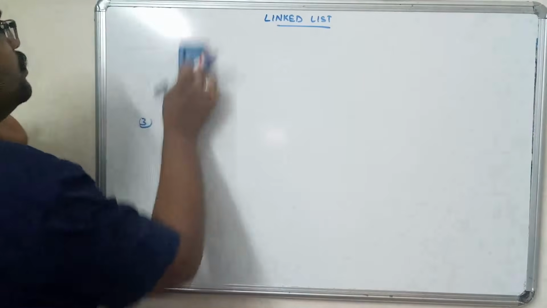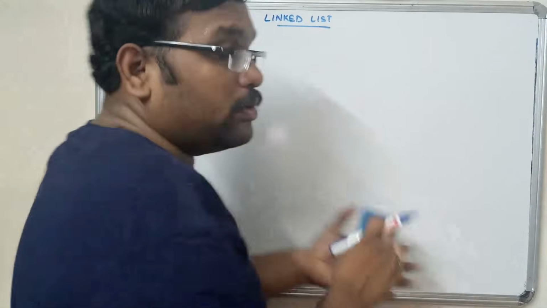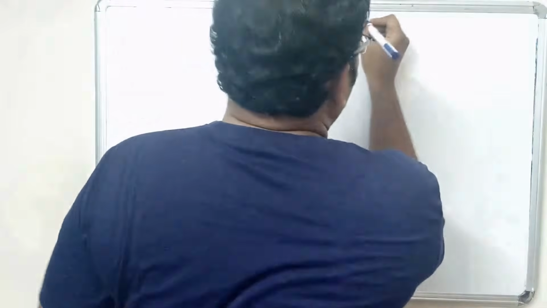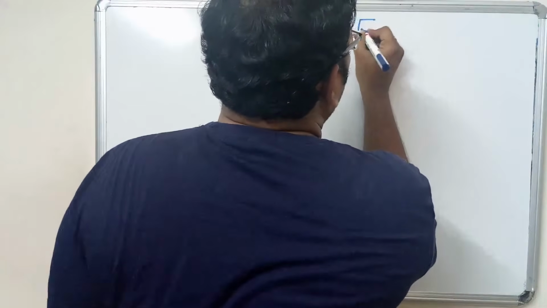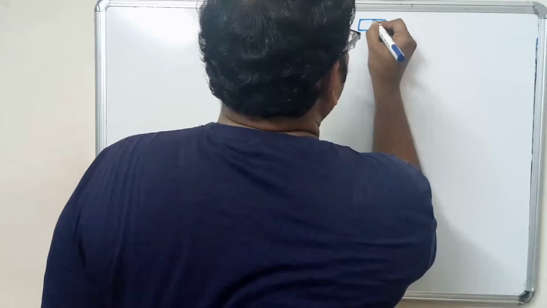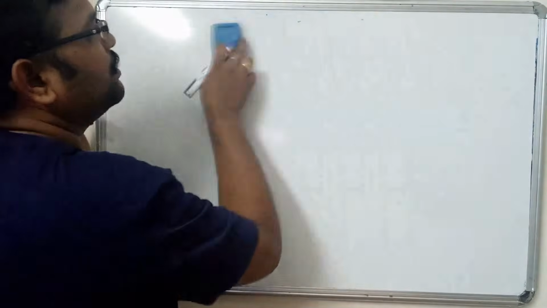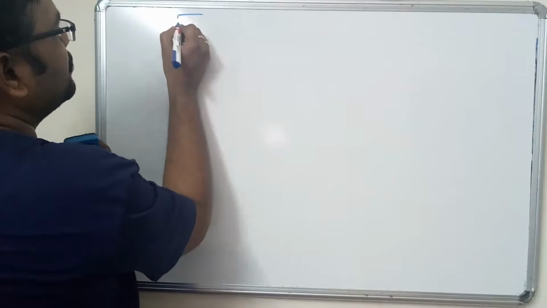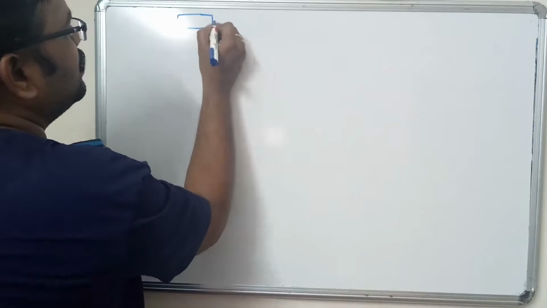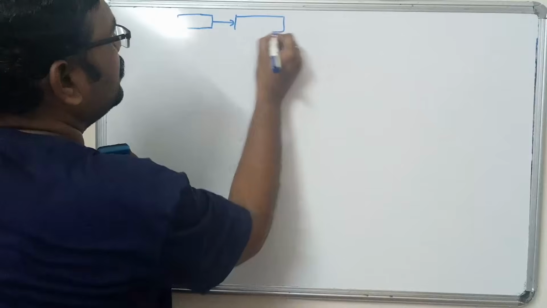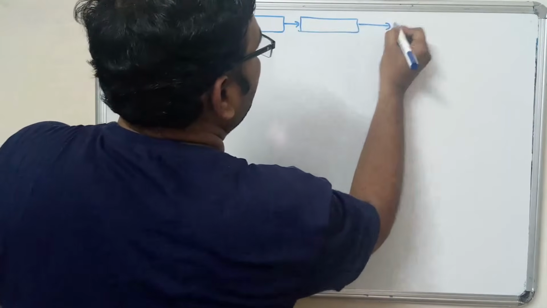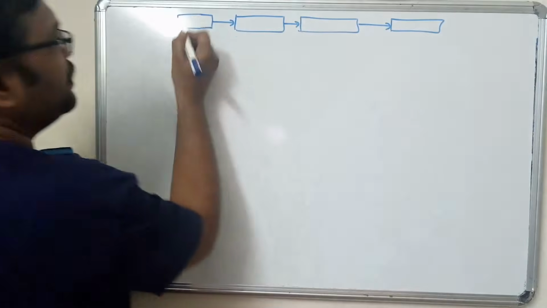Just follow the previous session for creating a list. Let us say we have created a list with 4 elements: first element, second element, third element, fourth element.